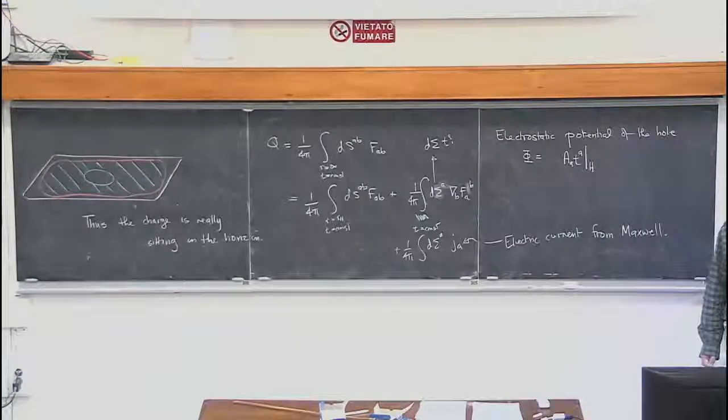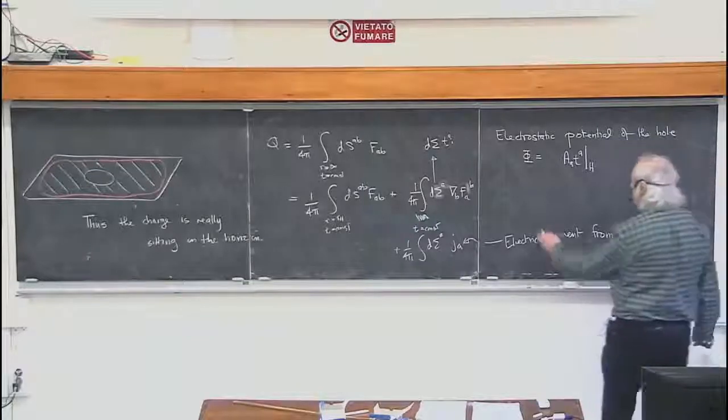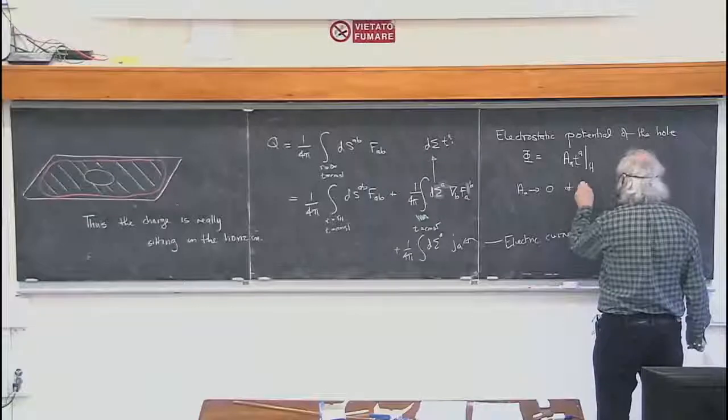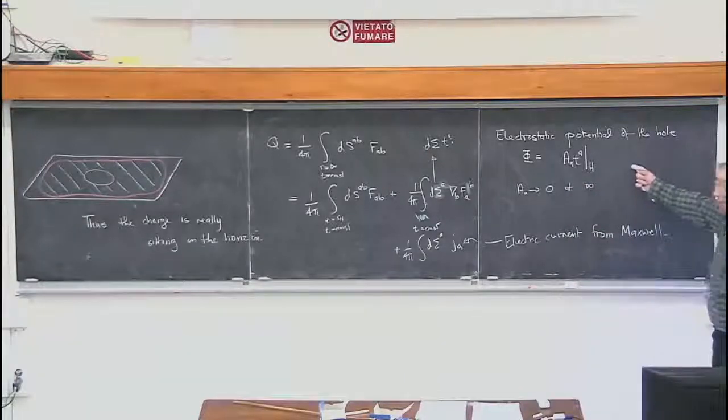You should protest that there is, of course, an arbitrary constant involved here. The arbitrary constant has been chosen such that A goes to 0 at infinity. This is just the same thing as the usual electrostatic potential.